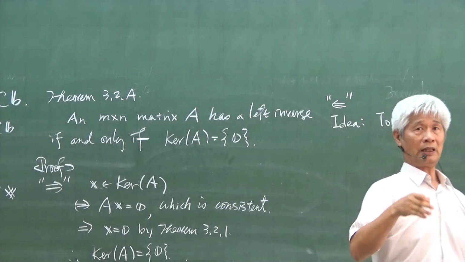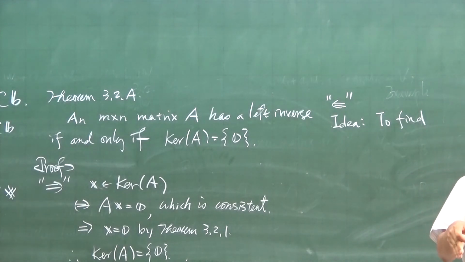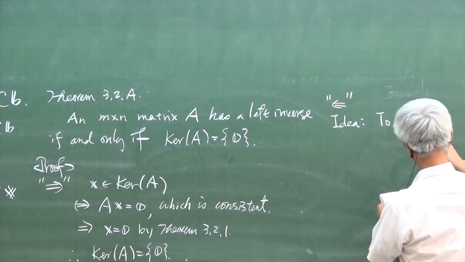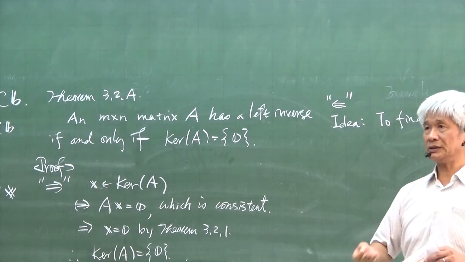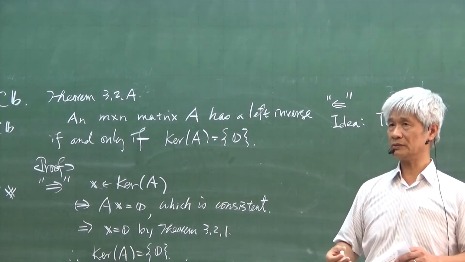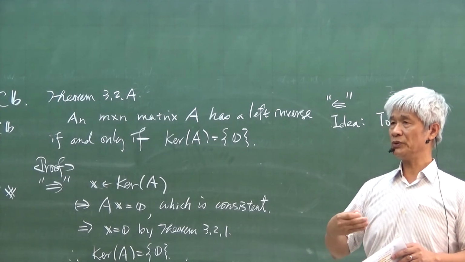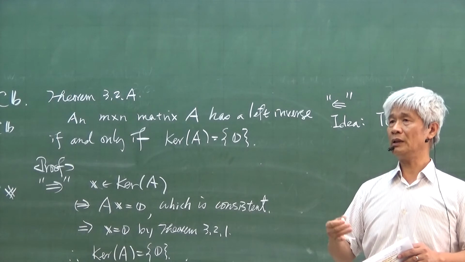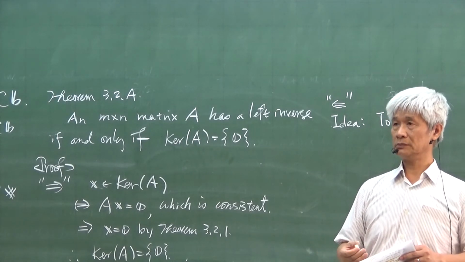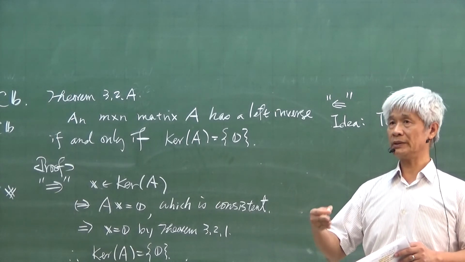This way, I will do it directly, meaning to construct a left inverse directly. But to construct such a left inverse, how do we use the tools we learned up to now, from chapter 1 and chapter 2?